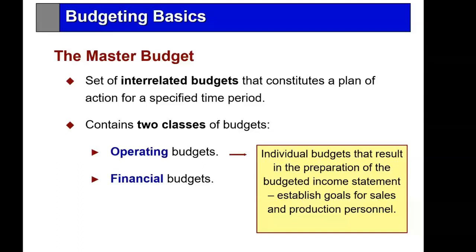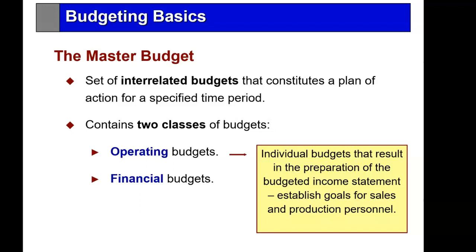The operating budget. That is, how much am I going to sell in operations, and how much am I going to produce, how much raw material, direct material I have to purchase, how much labor I need, how much overhead do I estimate, how much selling and admin expenses. So you see, what you're trying to do is project what the income statement would look like at the end of 2021.